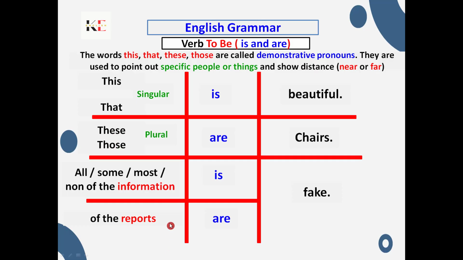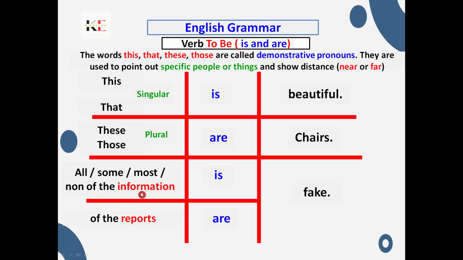What about this area? Why do we use is and are here? Remember one thing, dear guys: after an uncountable noun we must use is. Information we can't count, so that's the reason we use is here.